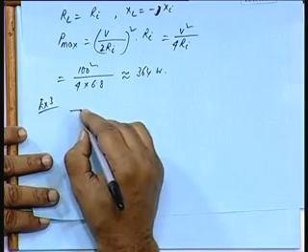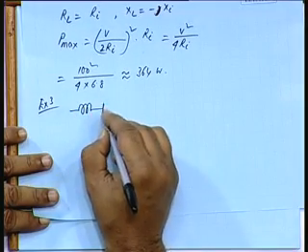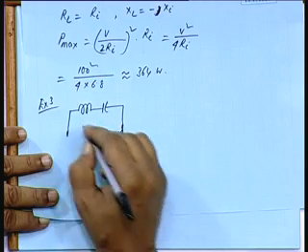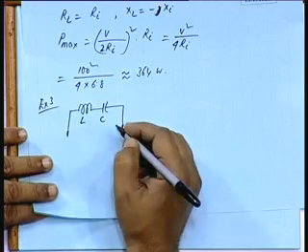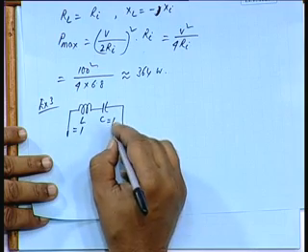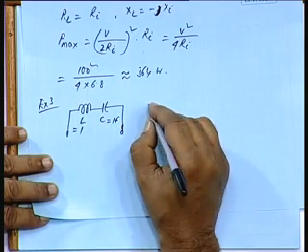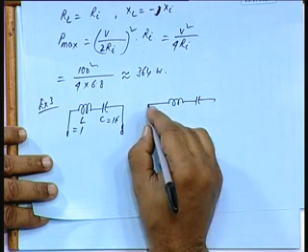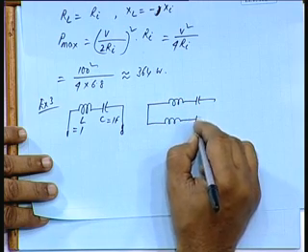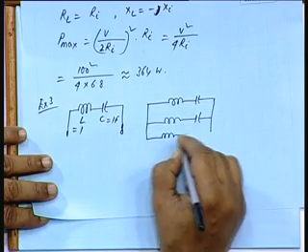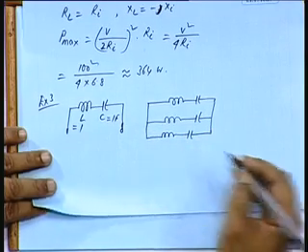You will find there is a variety. You might have come across this type of problem. This L is equal to 1 Henry, C is equal to 1 farad. We find that is a parallel combination of 3 such elements.